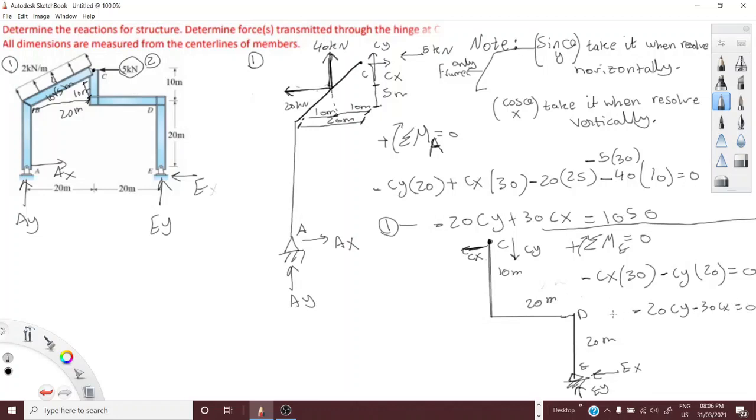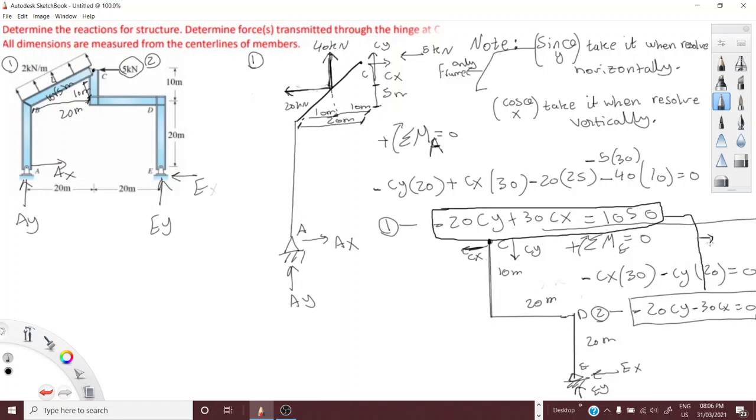We need to try to make it linear as possible. So we take these two equations and, by using the calculator, mode 5 1.